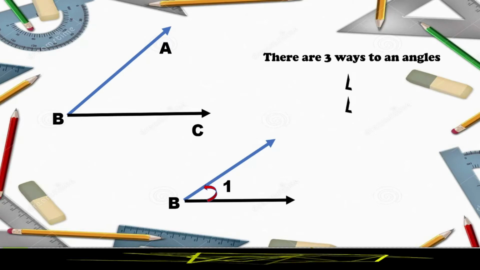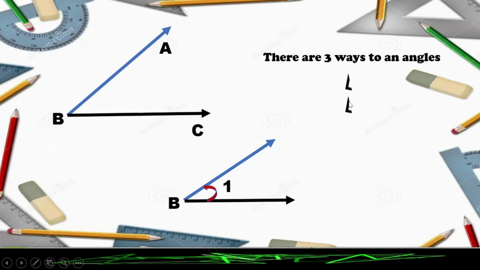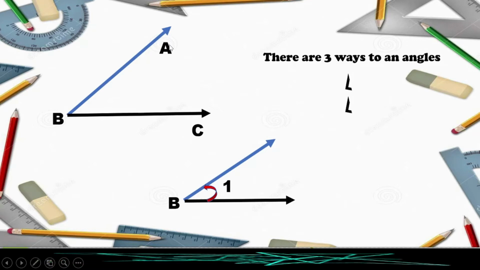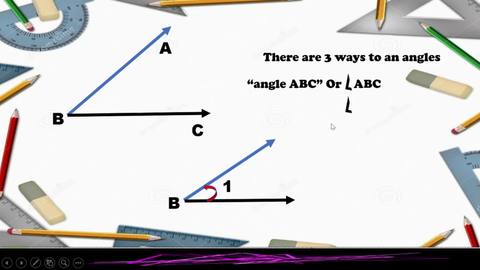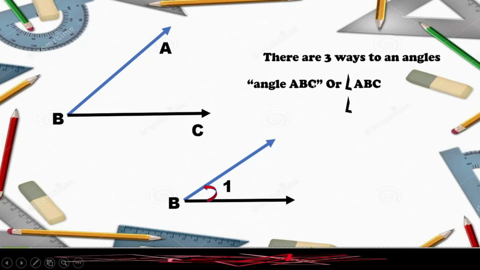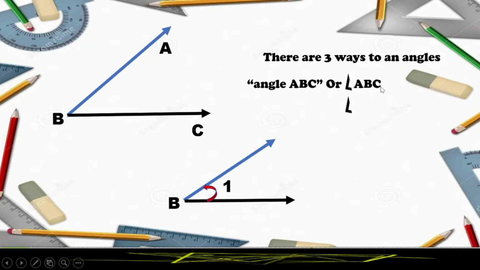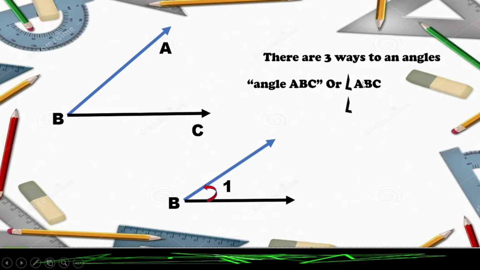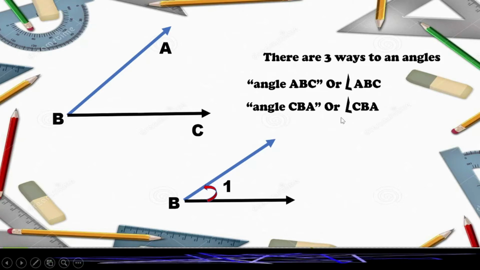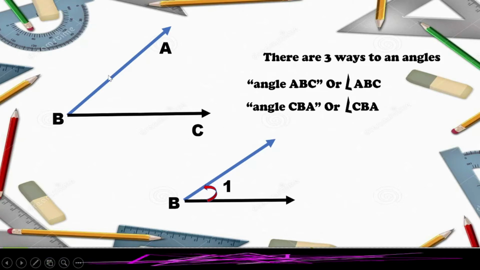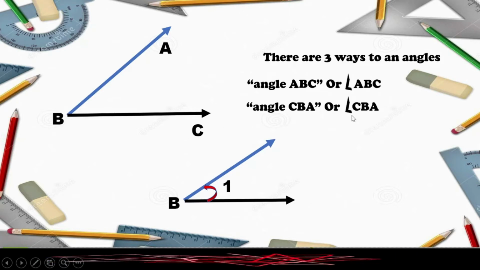There are three ways to name an angle. First, angle ABC. We can write it like this or like this. The next, angle CBA.